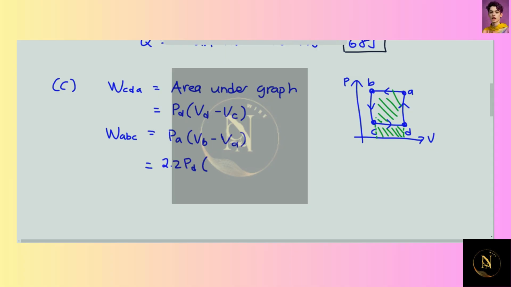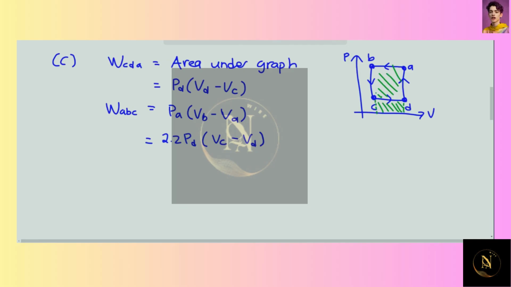VB is VC, and VA is VD. So it's 2.2 times PD times VC minus VD. WCDA is given to be 38, and over here PD times VC minus VD is negative 38. So you get negative 84 joules as the answer.